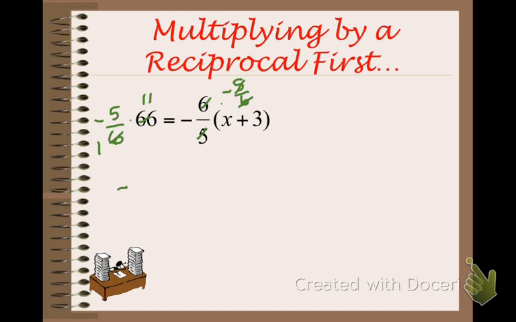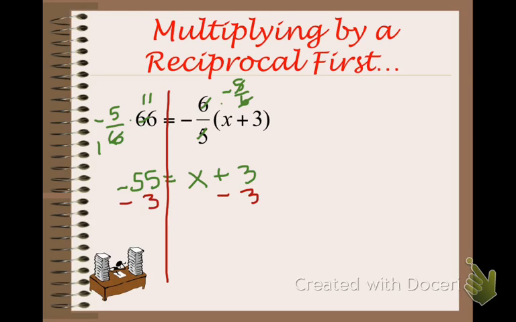So I will get a negative 55 is equal to, and now there's no need for parentheses. And then I will undo. Make sure you're keeping your equal sign here so that we know we have to subtract 3 from both sides, additive inverse, and that becomes a negative 58.